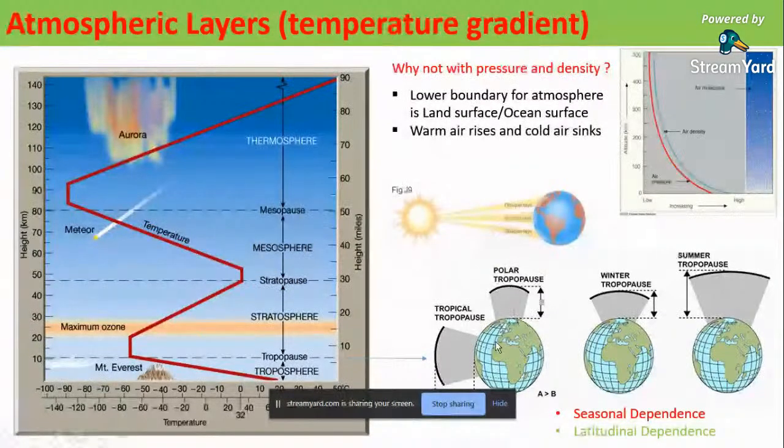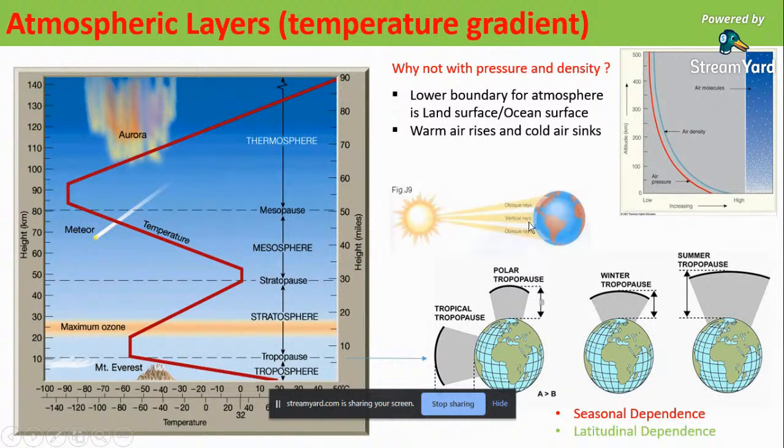Before going to seasonal variation, if you see latitude wise, the tropopause height is highest at the equator, because it is directly linked with the sun's radiation. The sun radiation directly falls at the equator, whereas the oblique rays fall near the poles, because this is the main source causing convection and buoyancy force near the surface, which is the main cause for estimating the tropopause height.